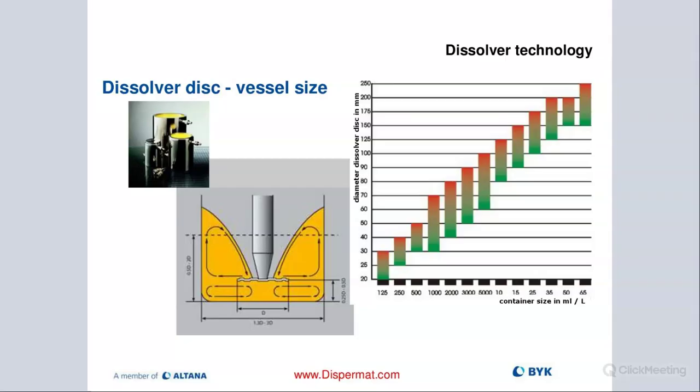If our viscosities are really thick, we want to increase the diameter of our blade. If the viscosity is on the lower end, we want to reduce the blade diameter. So we have a range from 30 to 70 millimeters with a 1,000 milliliter container. Just keep that in mind. The question comes up a lot: what blade size should I be using for my product?